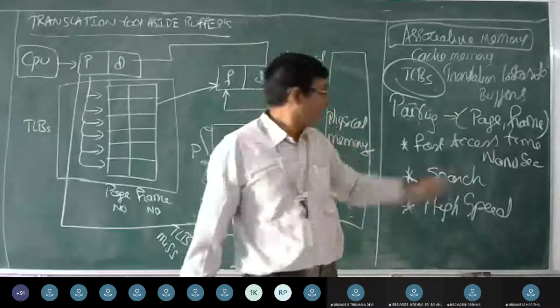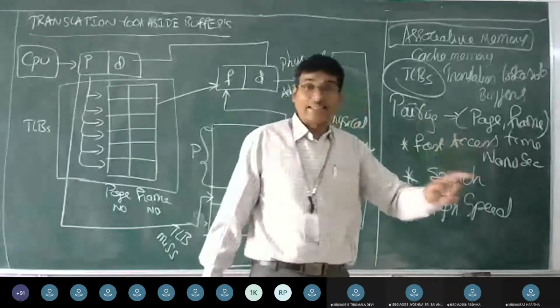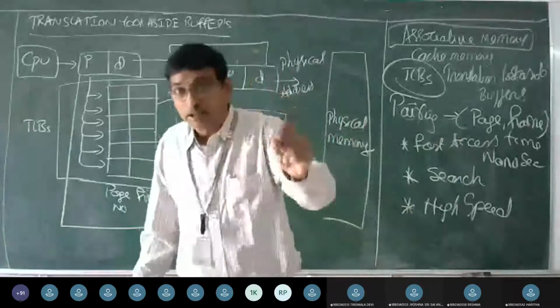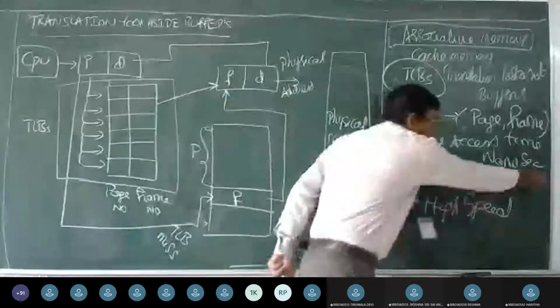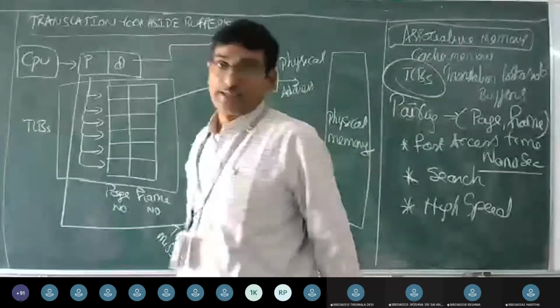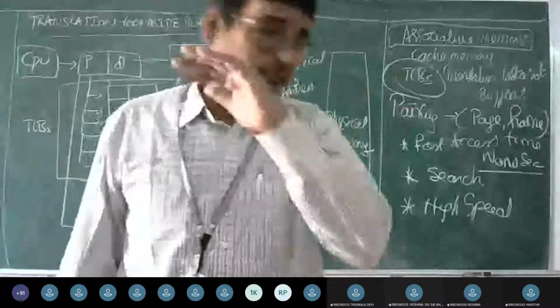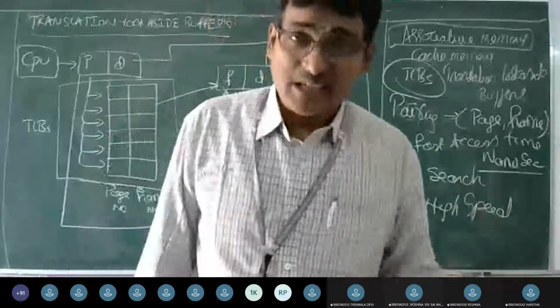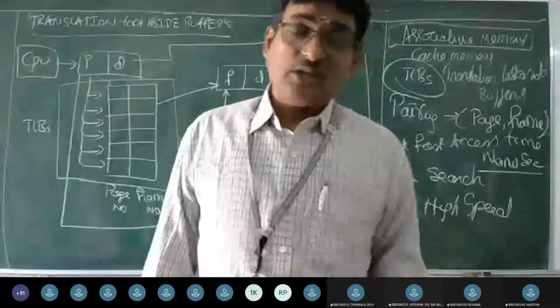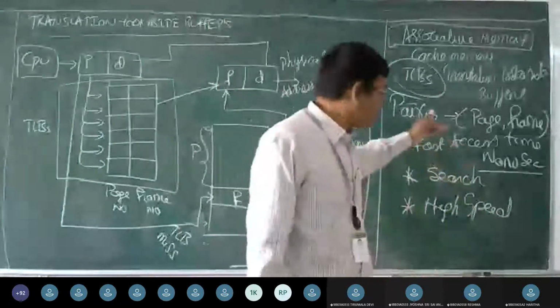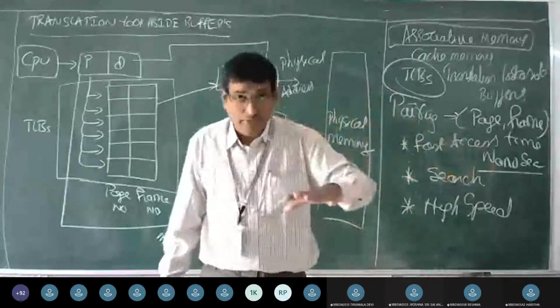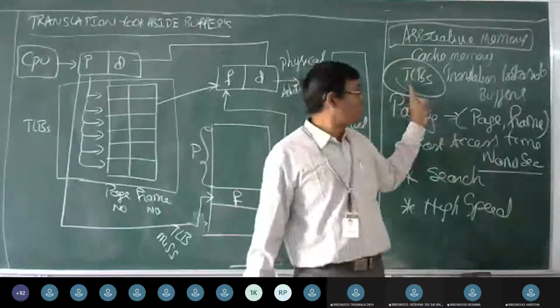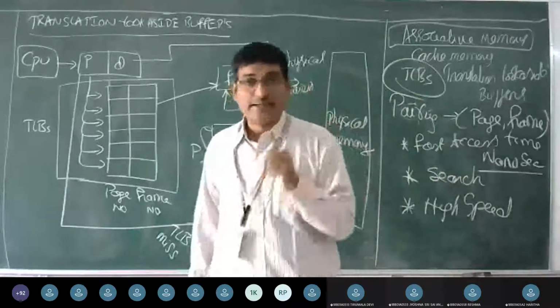Advantage 3, it takes fast access to memory, and that too is measured in nanoseconds. We have seconds, milliseconds, microseconds. Now we are going to measure in nanoseconds. So to generate an address at this nanosecond speed, we are going to use translation look aside buffers.